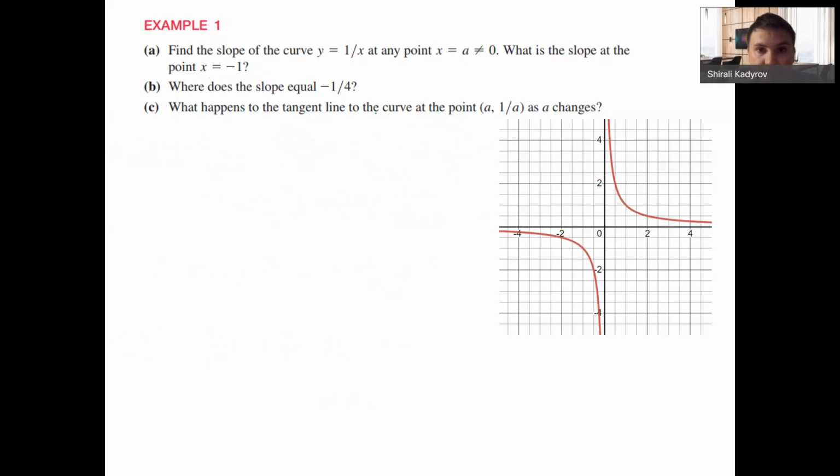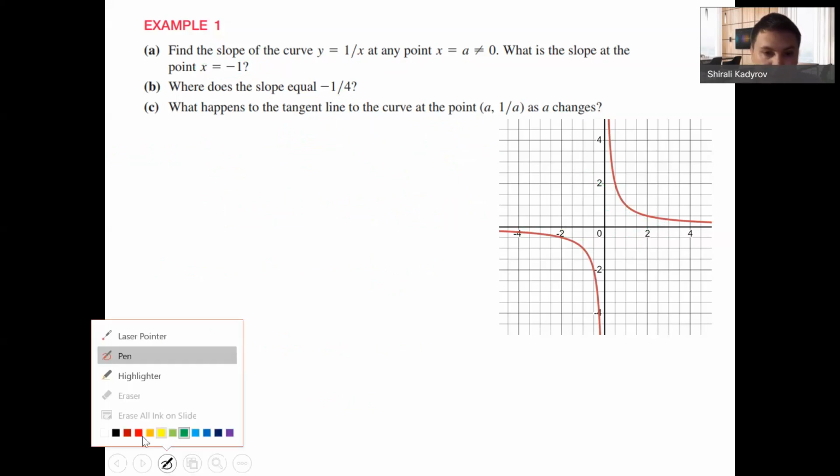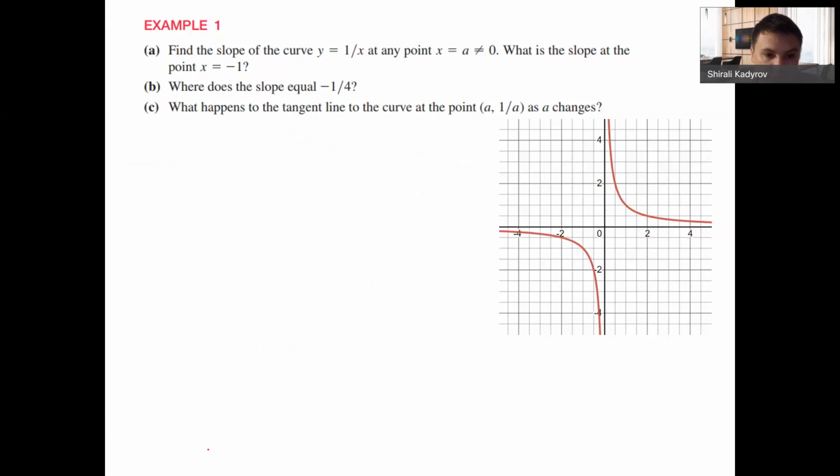What happens to the tangent line to the curve at the point as a changes? It's just a qualitative analysis, if you like. Let's say that my a is somewhere here, and this is my slope. What happens if a changes? For example, if I let a increase, my slope is decreasing, right?